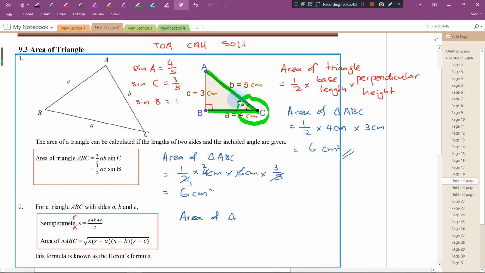Now let's try another side. How about we use this side and this? If I use sides B and C, I need to use this angle. Area of triangle ABC: 1/2 times 5 times 3 times sine angle A, which is equal to 4/5.